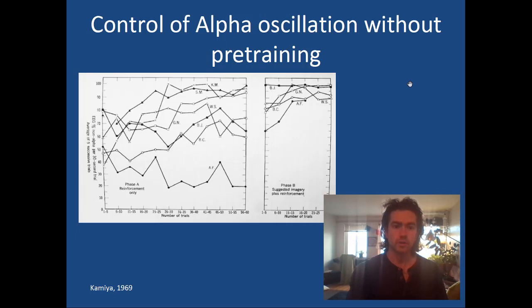So then they took a look a little bit more quantitatively at control of the alpha oscillation now without pre-training. So in this situation, again, the participant is hearing a tone play anytime that they're not in alpha, and they're trying to keep that tone on for as long as possible.